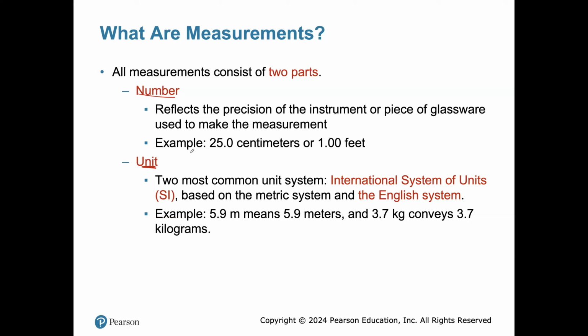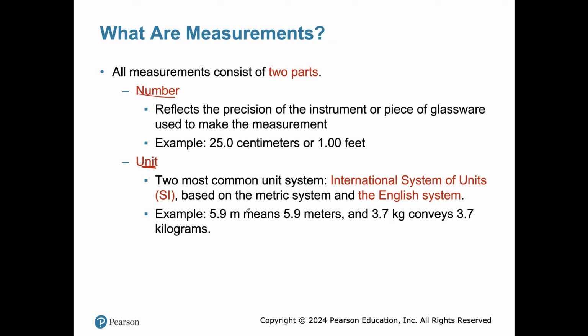So your number should reflect how precise your measurement is. And in terms of units, there are two types of unit system. One is the international system of units. In science, the international system of units is commonly used for measurements. But we know that in the United States, we use the English system, right?